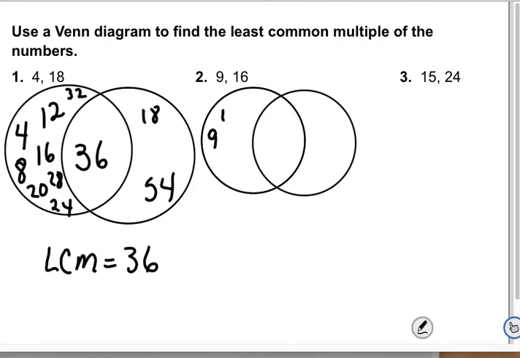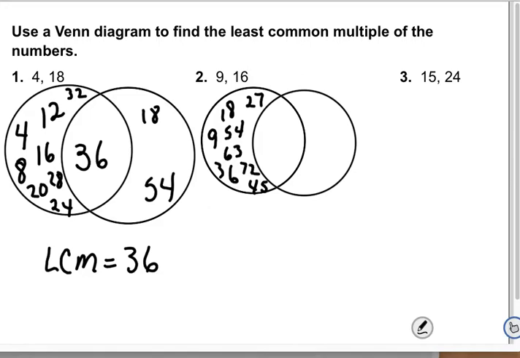And then 18. What comes next? 27. What's next? 36. Keep going. 45, 54, 63, 72. Okay, surely we've gone far enough.